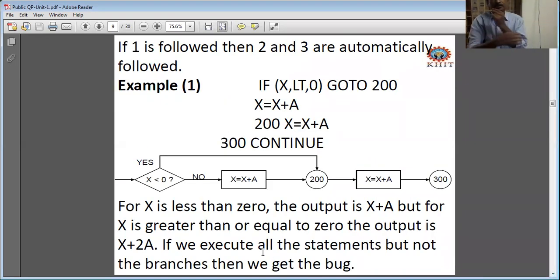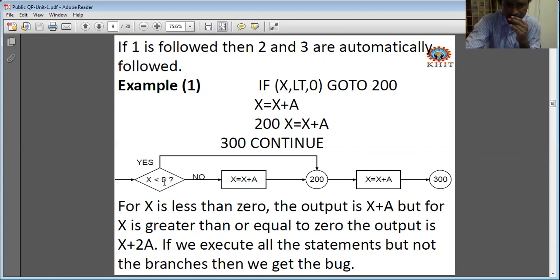So, example one. See here, if x < 0, go to 200. x equal to x plus a. Suppose it is a true case, x equal to x plus a. In the false case, it goes to 200, again x equal to x plus a. So in the true condition, it goes to 200 and x equal to x plus a, then goes to 300.